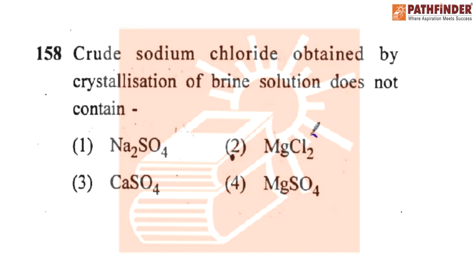In that line you will see that it does not contain magnesium chloride, because magnesium chloride, we all know, is a deliquescent substance, right? We all know from class 10 level. So it can't be magnesium chloride. Ultimately the answer option is 2.